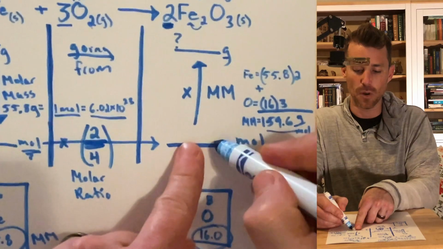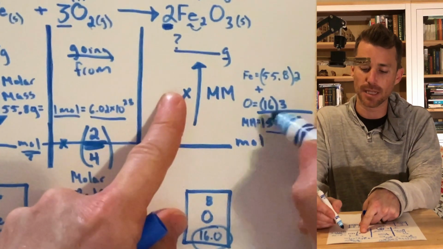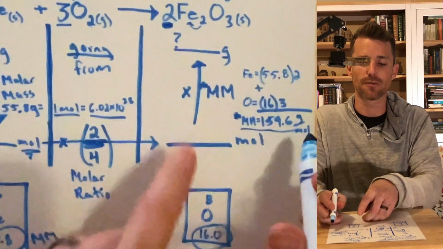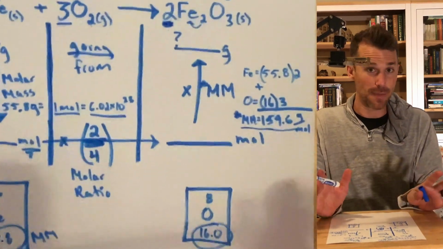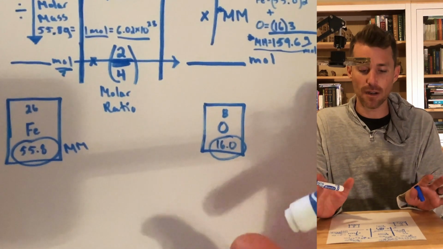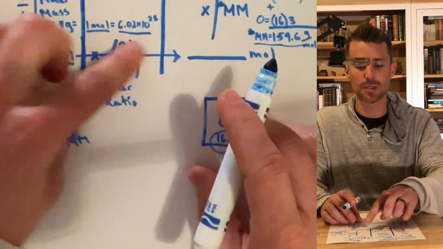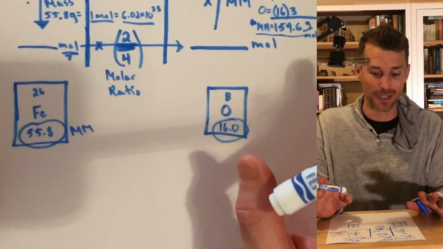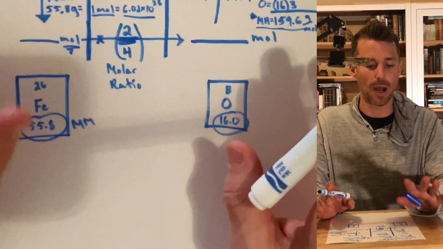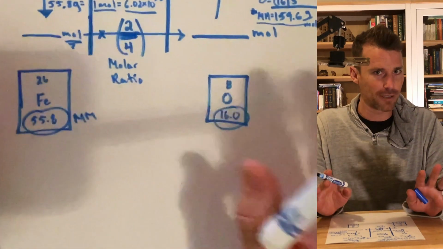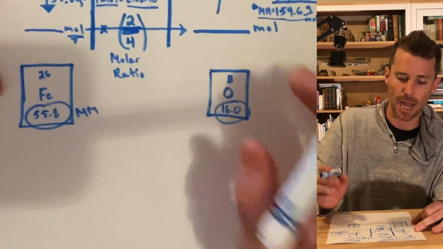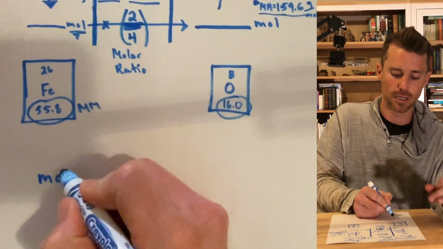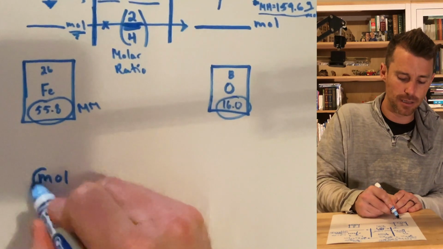So when I have my new moles, I'm going to multiply by this molar mass right here, and that will get me into units of grams. That is my conceptual. Now, how I oftentimes have remembered these steps without doing the stoichiometry, and the stoichiometry is really important to learn, I don't want to downplay that, but how I remembered and literally got through college with this was, I would say the thing that I started with was my mole category over here.